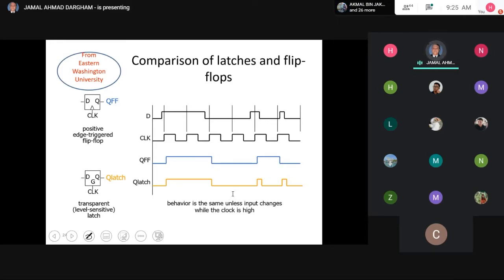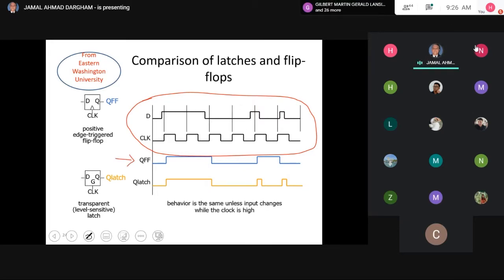So this is a comparison between the D flip-flop and the latch. This is the input here for both the flip-flop and the latch, and this is the output for the flip-flop, and this is the output for the latch.